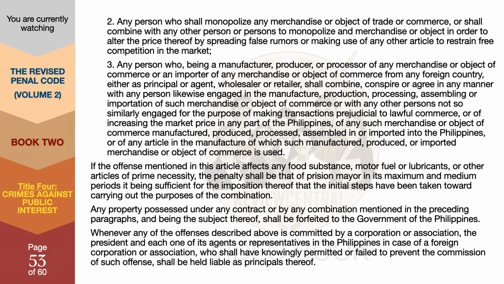Any person who shall monopolize any merchandise or object of trade or commerce, or shall combine with any other person or persons to monopolize a merchandise or object in order to alter the price thereof by spreading false rumors or making use of any other article to restrain free competition in the market.